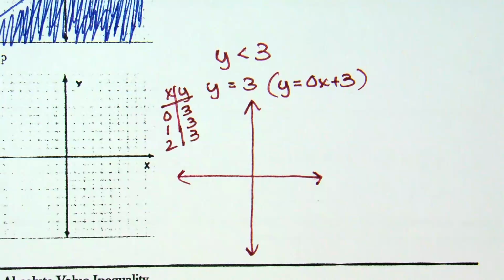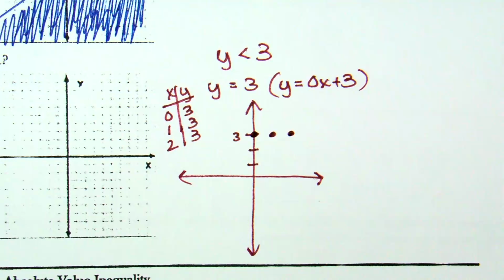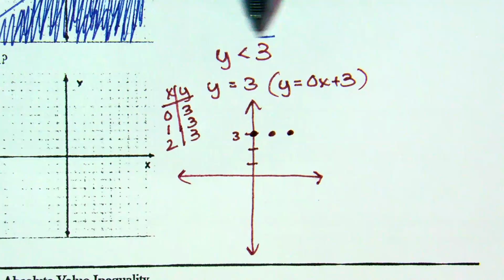My original problem was y less than 3. So what kind of line am I connecting with? A dashed line. And am I going to shade above or below?